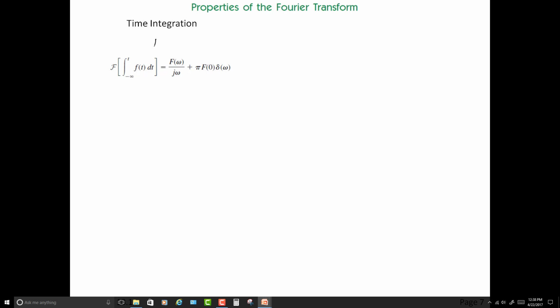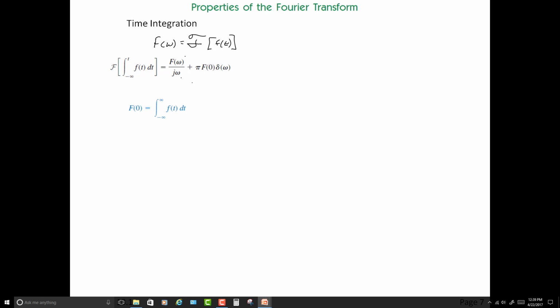Remember, if the Fourier transform of the function of time itself is f of w, then this says the Fourier transform of the integral of the function is that function divided by j omega, plus the value when omega is 0, so that would be the DC value, applied as an impulse.